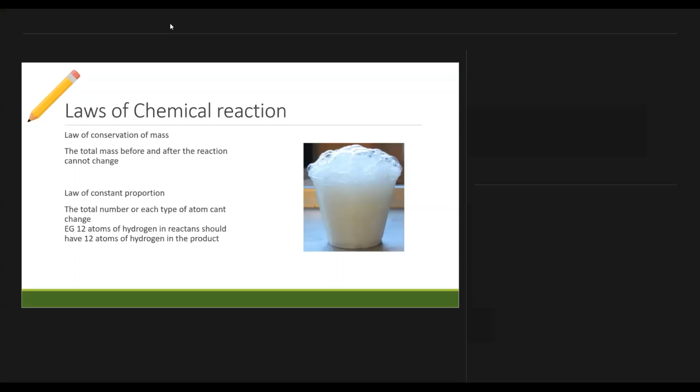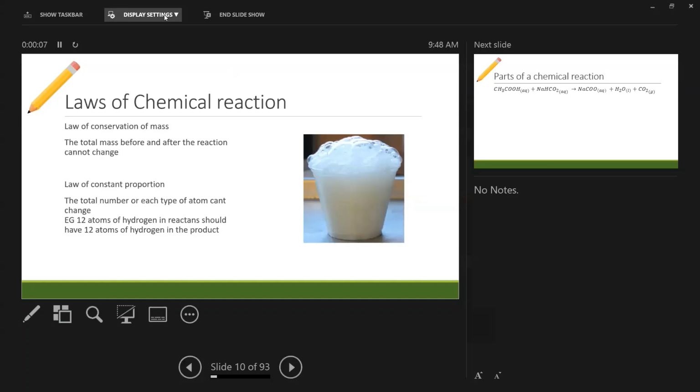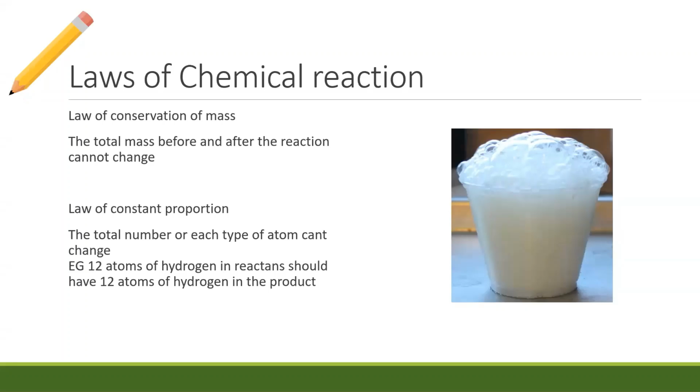So there are 2 quick laws. These are laws that, again, I don't necessarily need to teach you, but I wanted to at least go back over. This is something from last year. There are 2 laws, the first being the conservation of mass law. Here we've got a production of gas, which is one of our signs that a chemical reaction has happened.